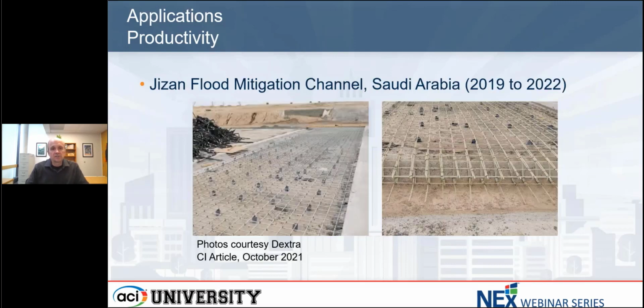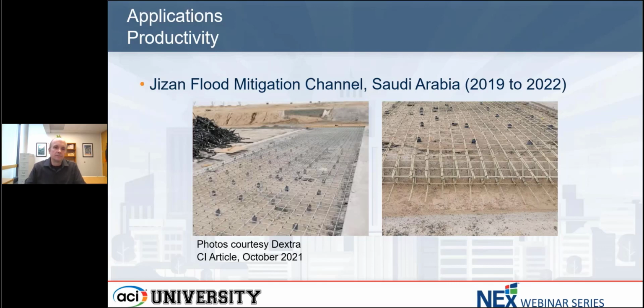This project is actually the largest single use of FRP reinforcement currently. This is a flood mitigation channel in Saudi Arabia. There's a really nice article on this project in the October 2021 edition of CI that breaks down the cost comparison of using FRP versus steel reinforcement.